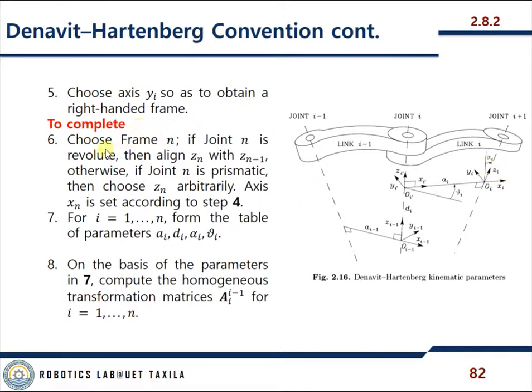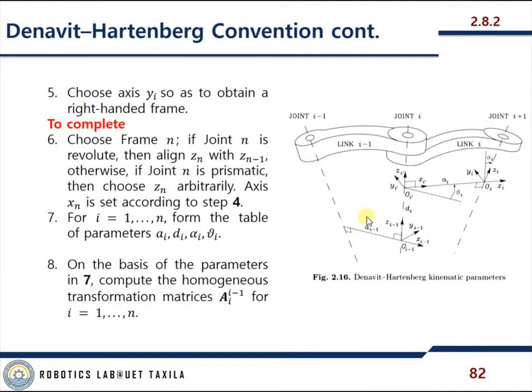Now to complete, choose frame n. If joint n is revolute, then align zn with zn-1, as already discussed. If this joint is revolute, then align them and make them parallel.